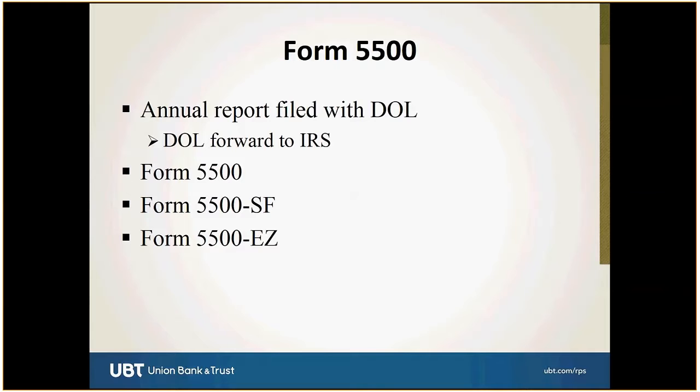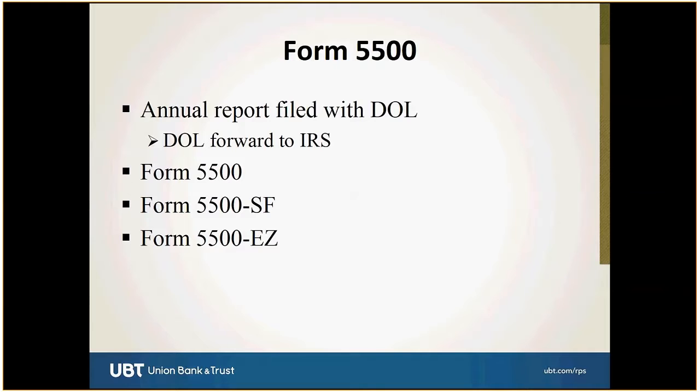It can certainly contain audit red flags. It also provides a wealth of information that the Department of Labor and IRS can use to provide information to the public as far as plan size, how many plans, and some trends that are going on in the area.